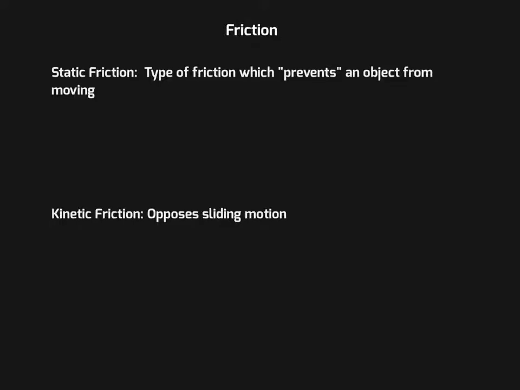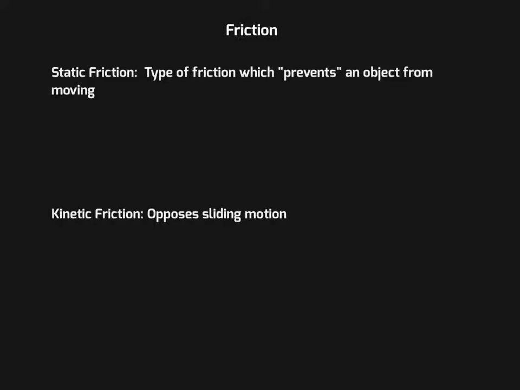Now, this is a type of friction which, quote unquote, prevents an object from moving. I put prevents in quotes because we have to be a little bit careful when we talk about static friction. Static friction is not present between two objects unless there's an applied force.